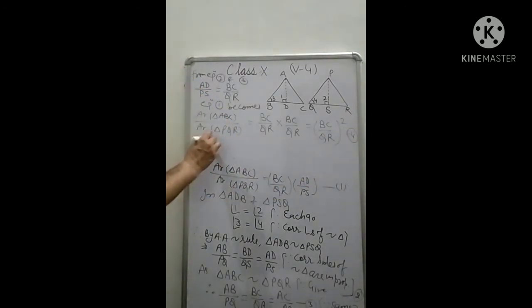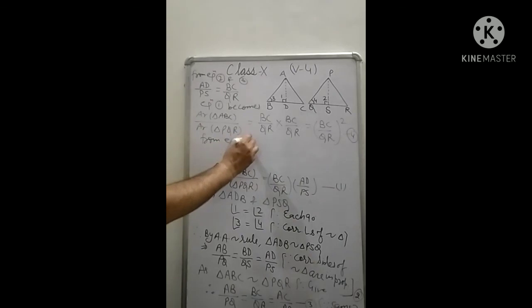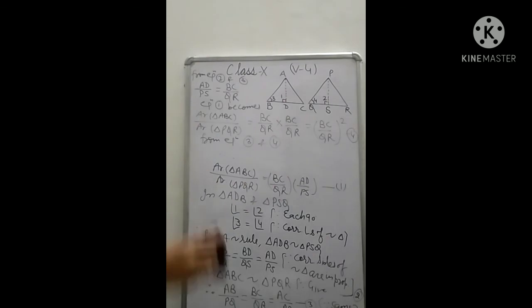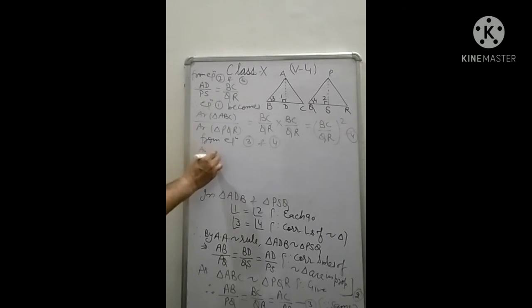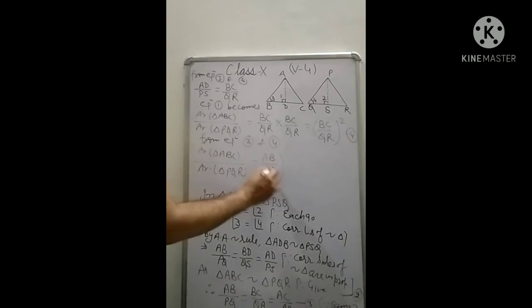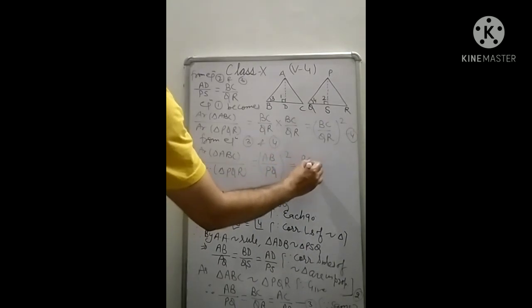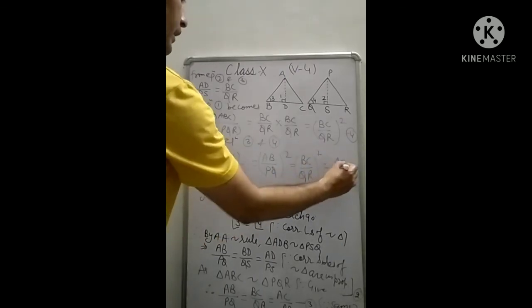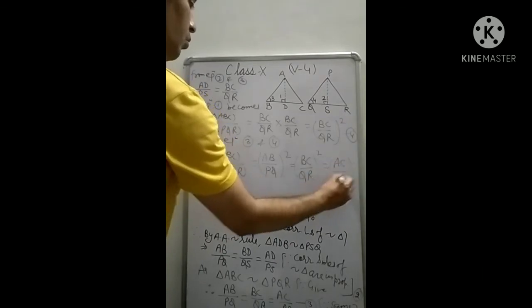Now from equations 3 and 4, using these two equations, we can directly write our result: area of triangle ABC upon area of triangle PQR is equal to (AB by PQ) whole square is equal to (BC by QR) whole square is equal to (AC by PR) whole square.